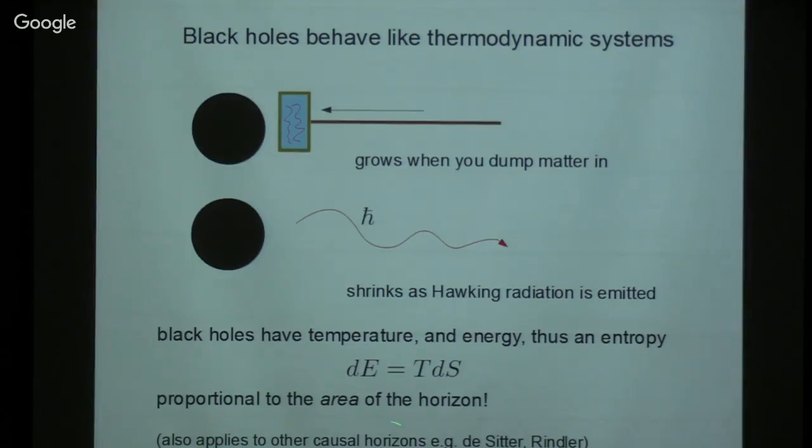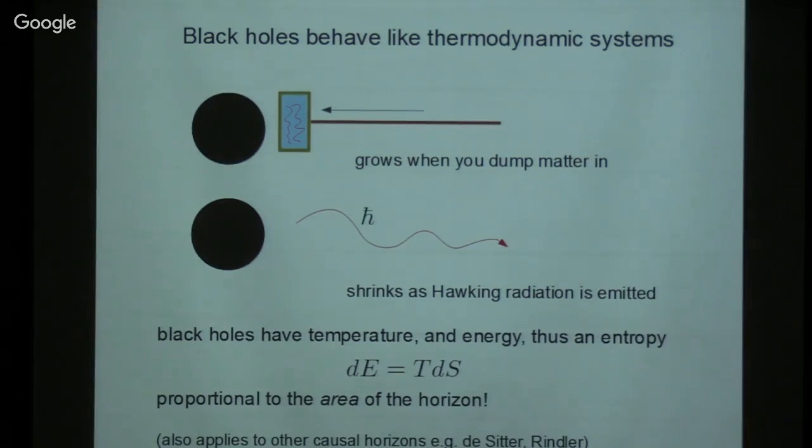This also applies to generalizations of event horizons that appear in other settings. For example, in cosmology, there are horizons that appear in de Sitter space that also have these thermodynamic properties. Or there's something called Rindler horizons that appear even in flat, empty space when you have an accelerating observer in Minkowski space.